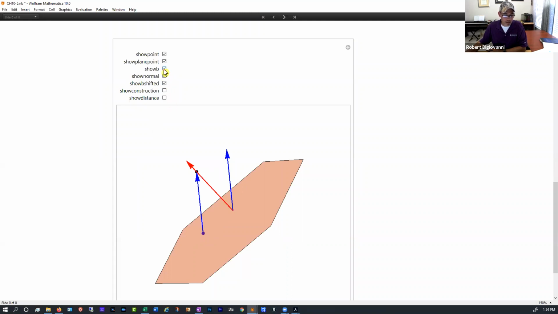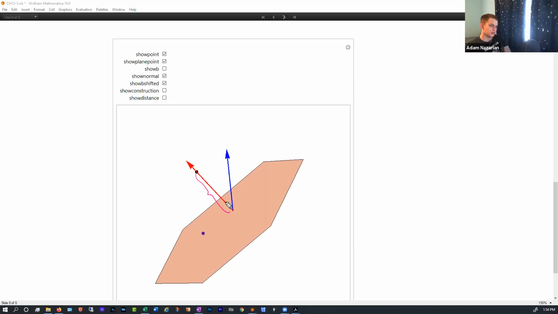Can anybody tell me how I can figure out this distance now? Projection. All I have to do is project which vector onto which vector? Blue onto red. So remember when we did vector projections, it's been a while.